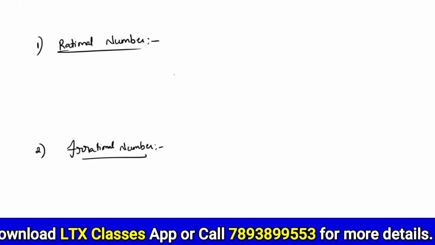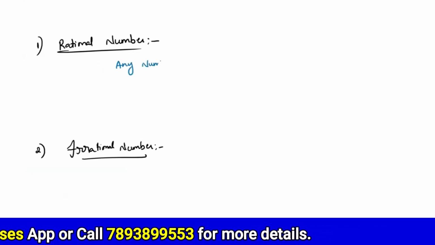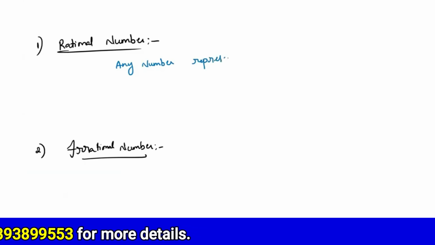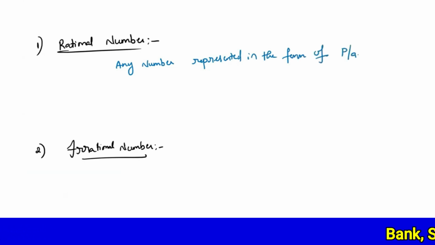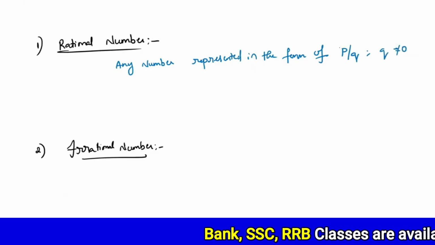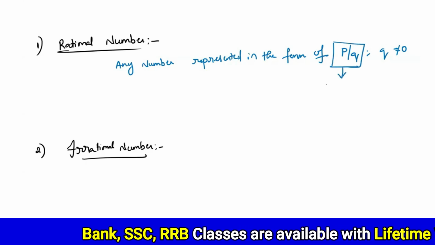So the point is, any number represented in the form of P/Q, where Q is not equal to 0, will be called a rational number. Generally remember one thing: P/Q means it is a fraction.